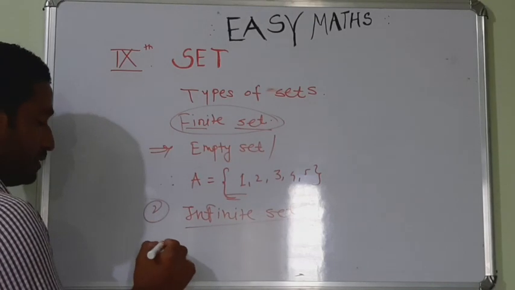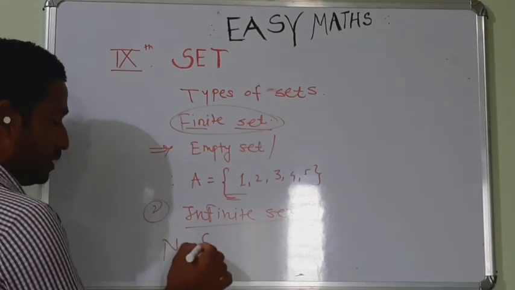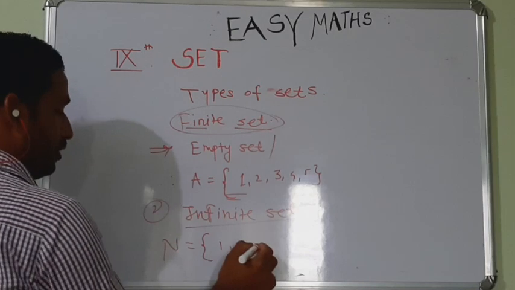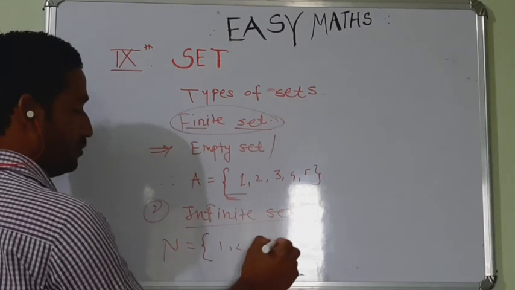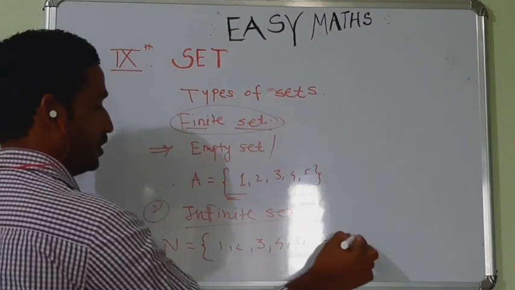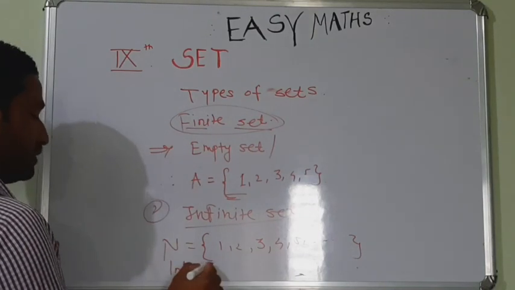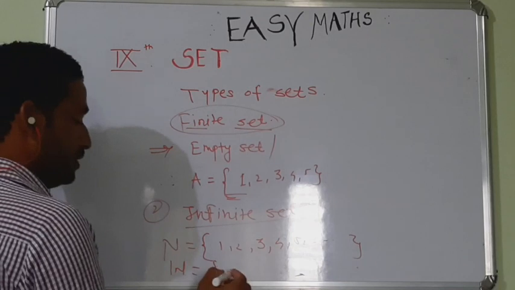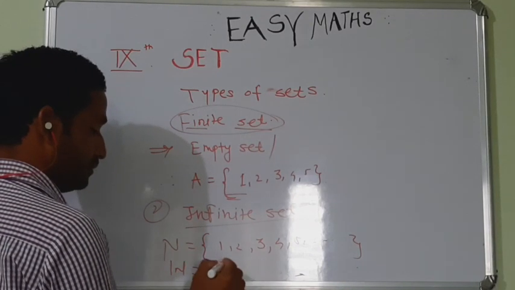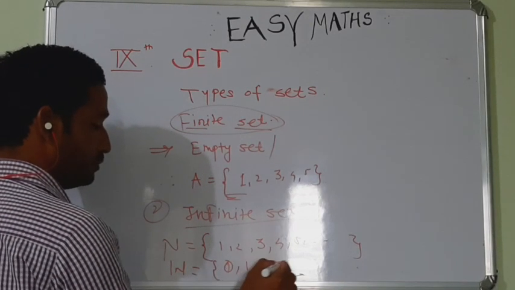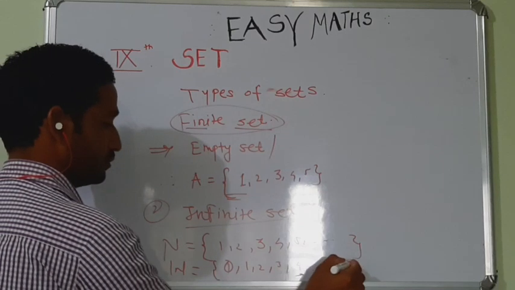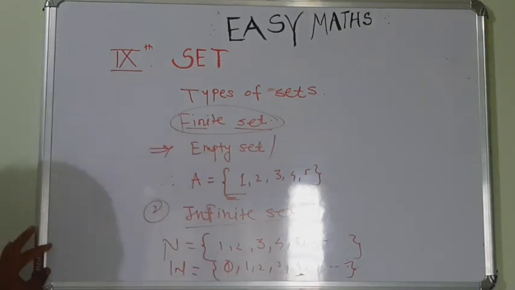Example is the set of natural numbers. The set of natural numbers is an infinite set. The set of whole numbers is also an infinite set. These are the four types of sets.